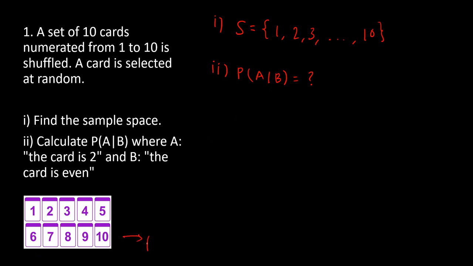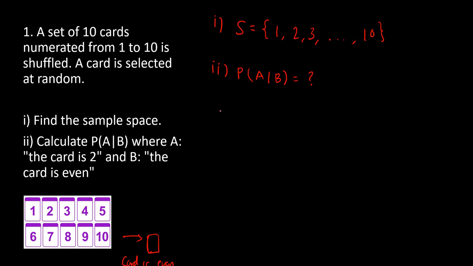Let's suppose that I put it here face down, so we don't know the number, right? But let's suppose that you have some information. What do you know? You know that the card is even. So how does that change the probability of this card being the number 2?